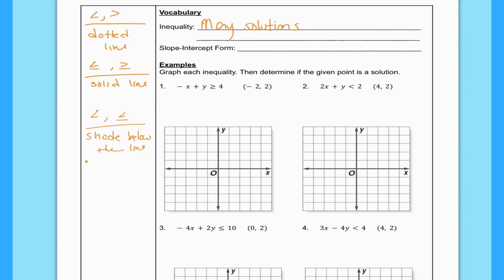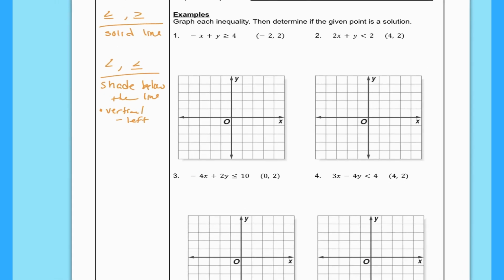If we have a vertical line, there is no above or below. So if we have a vertical line, we're going to shade to the left. And if we have a greater than or equal to, we're going to shade above. Again, except for that vertical line, there is no above. So it's a vertical line, we'll shade to the right. Other than vertical lines, we're going to follow those rules.